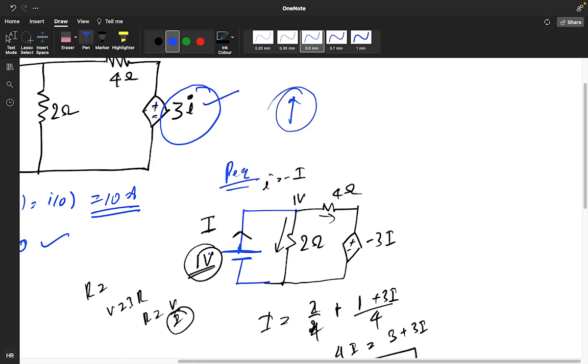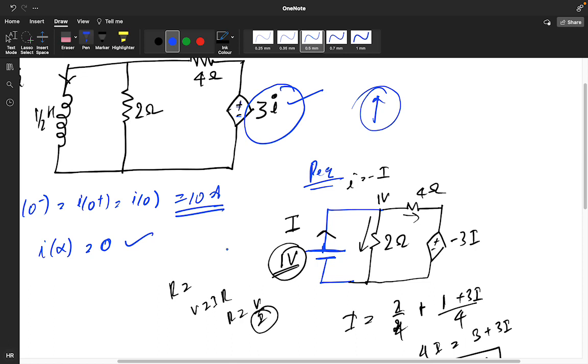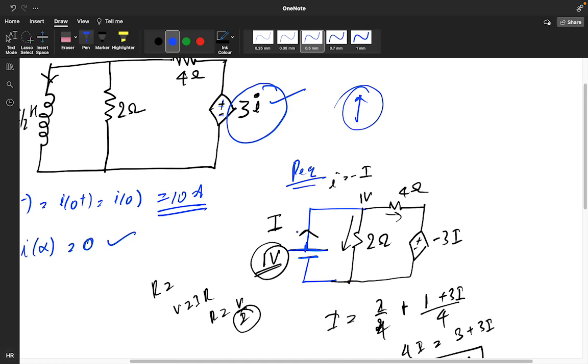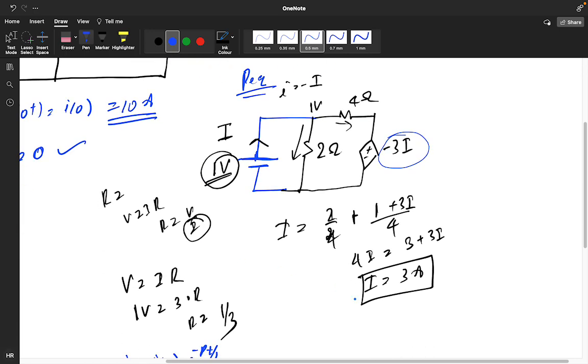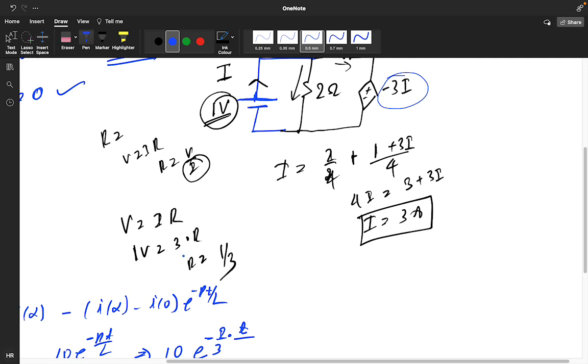I already taught you the dependent source concept in that class. We have to assume a test source. Because we have a dependent source here, we cannot calculate the resistor directly. We need to perform this test source. While performing this test source, we get the value of our resistor.